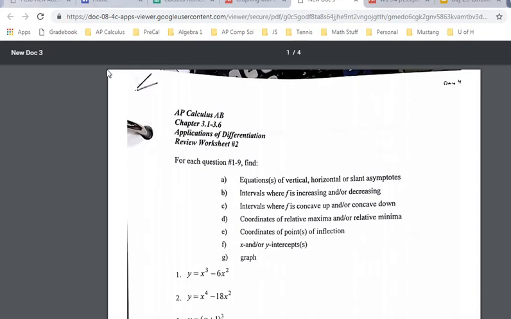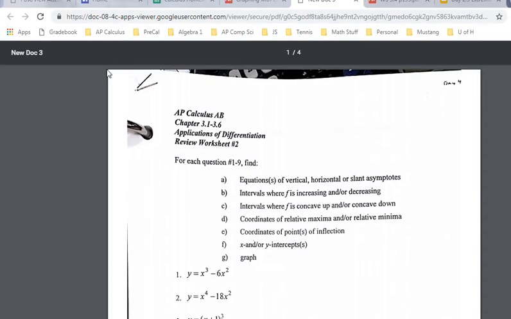All right, so number 2, there are no intervals, I mean no asymptotes, so A is done. On B, what do you have to do?